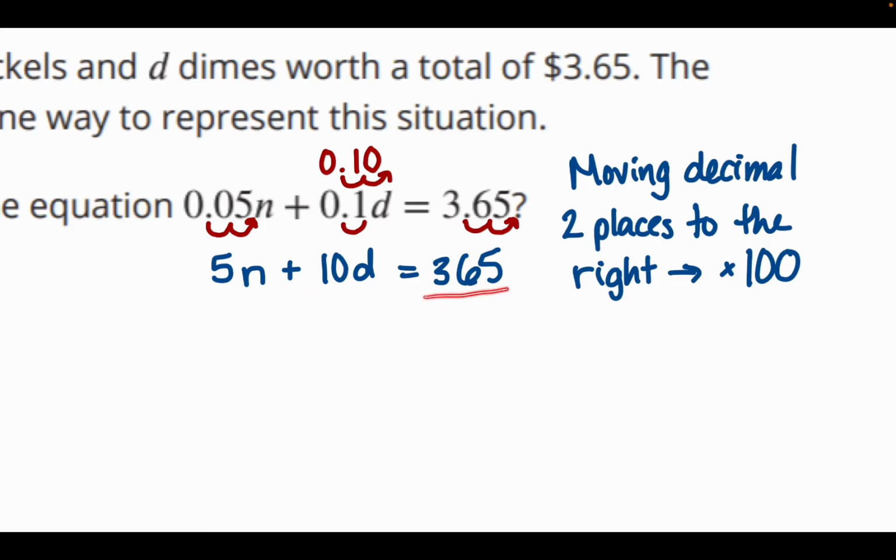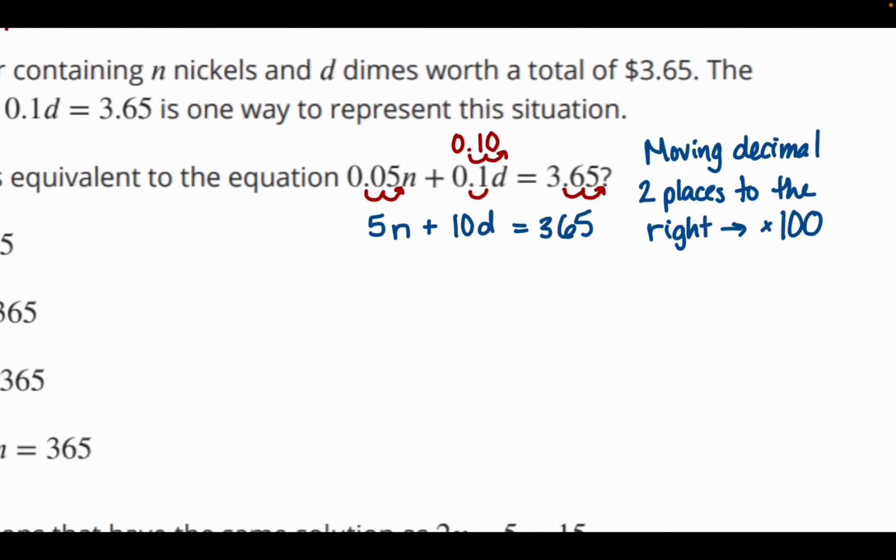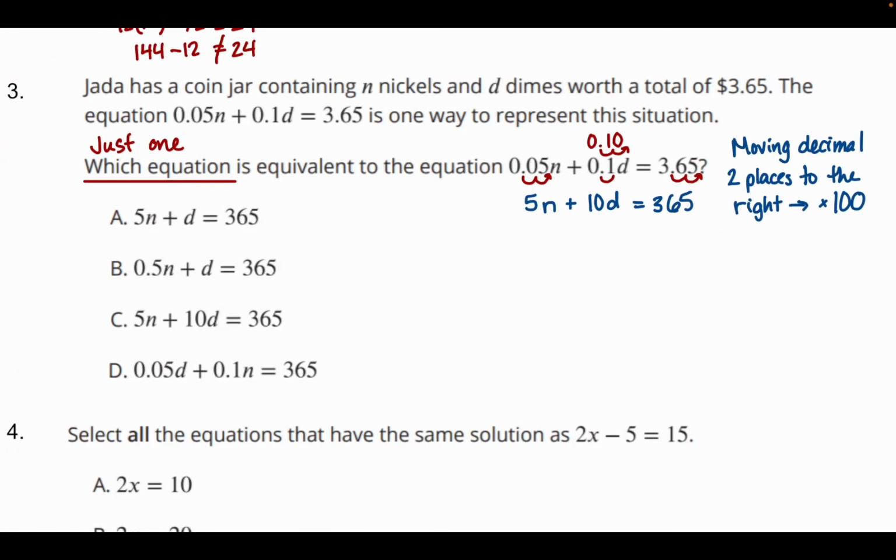And altogether, she has 365 cents in her, is it her account or her jar? Her coin jar. So this is an equivalent equation, and I actually see this as option C on our answer choices here. So I can say that this was times 100.